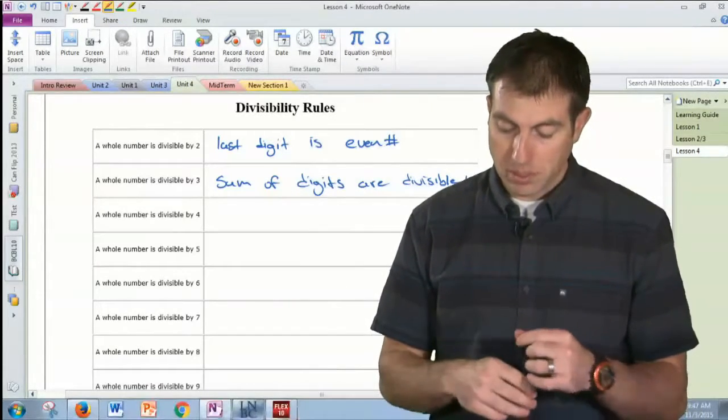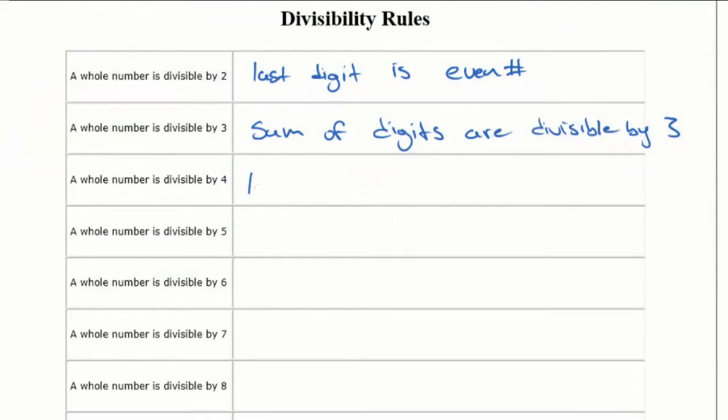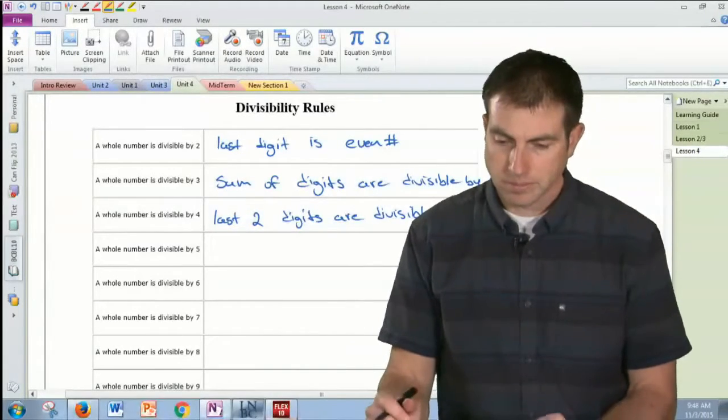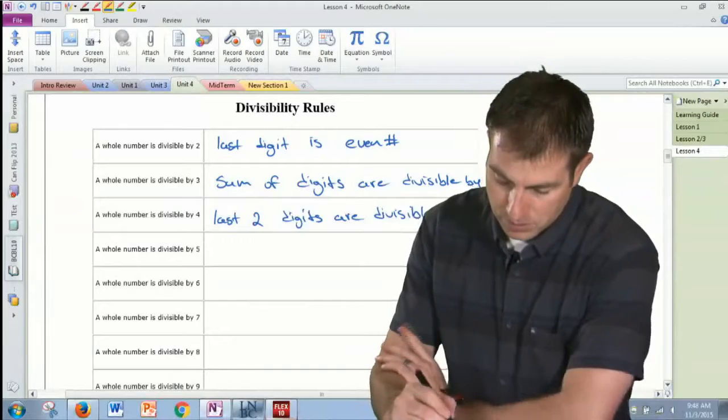A whole number is divisible by 4 if, this doesn't happen as often, the last 2 digits are divisible by 4. So if you have a big, long number, it doesn't matter what all the other digits are, if the last 2 digits are divisible by 4, then the number is divisible by 4. 5, this one's a little more common.